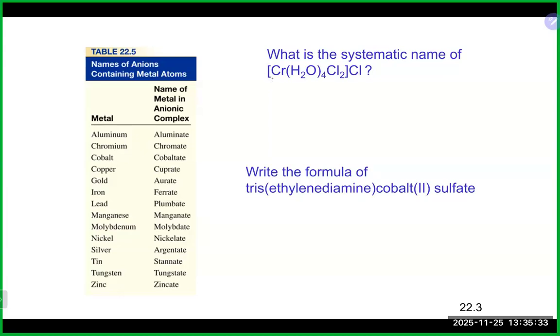Once again, looking at the formula, we see our complex ion comes first. That automatically tells us it probably should be positive. Here, the Cl would be our counter ion. We want to figure out what we've got in terms of charges. Water is 0. That is -1 for the chloride.